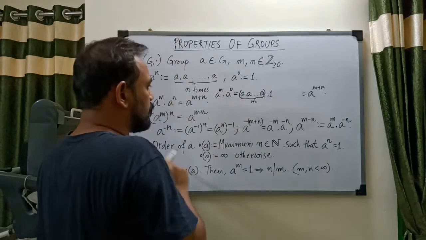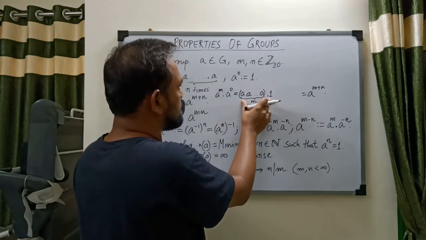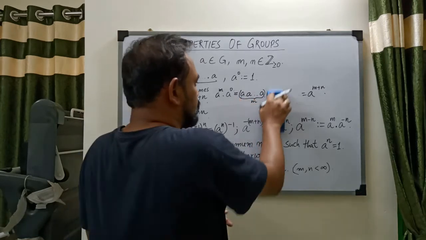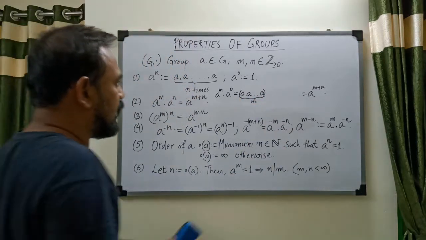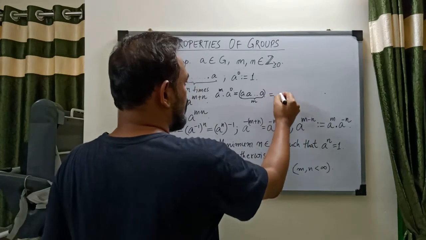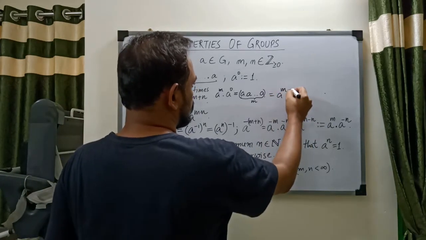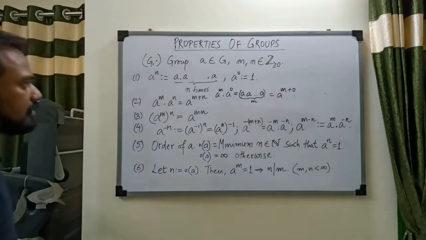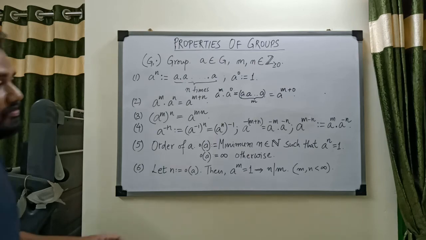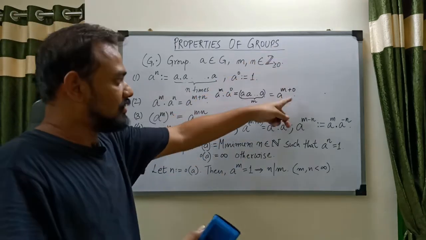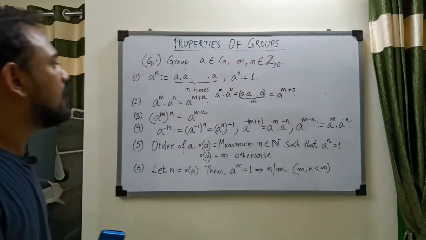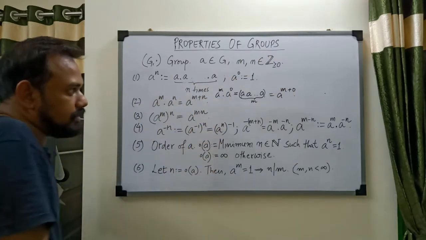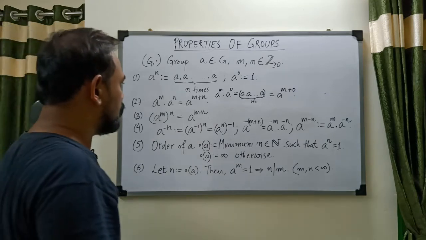G is closed under this operation. So this is an element multiplied with the identity. The element remains what it is, so the identity has no effect on it, and that's just a^m. But that's also a^(m+0), because nothing happens if we add 0 to anything, because 0 is the identity for addition. We are at a different level here. So that holds if n is 0 as well. If one of them is 0, the property is true.